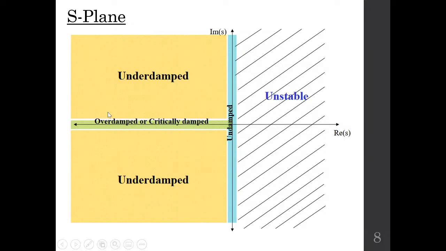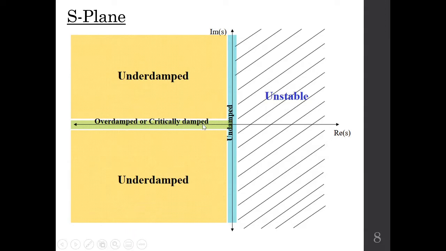Now these shaded regions, they are actually exhibiting which part of the S-plane is considered as underdamped, overdamped or critically damped, and undamped. Let us say for example, just by looking into the S-plane, if your poles lie in this region or in this region, you will say you are dealing with an underdamped system.